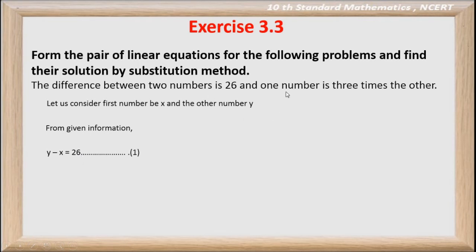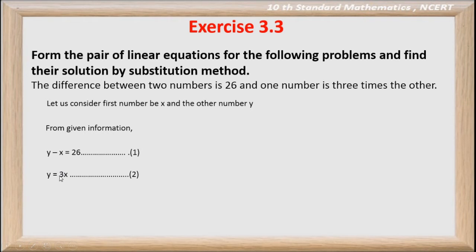And the second one, one number is 3 times the other. How can we write this? y equal to 3x. One number is y. That number is 3 times the other. The other is x, x is the other number. That is 3 times.